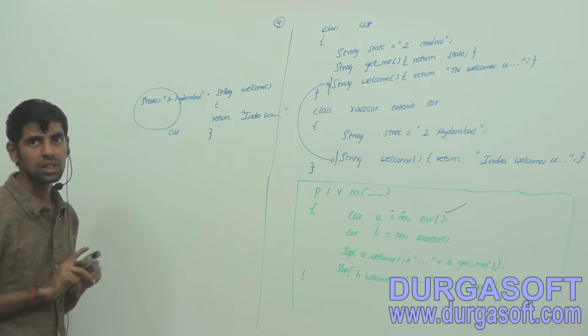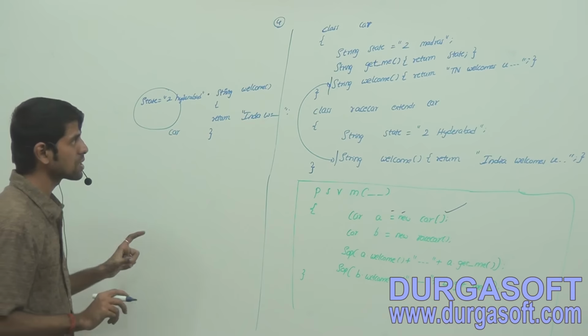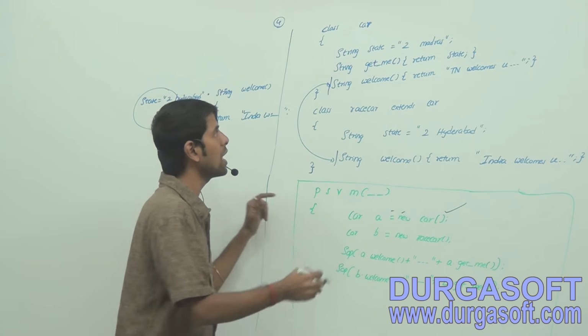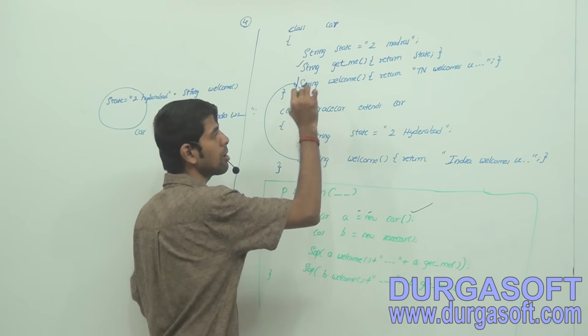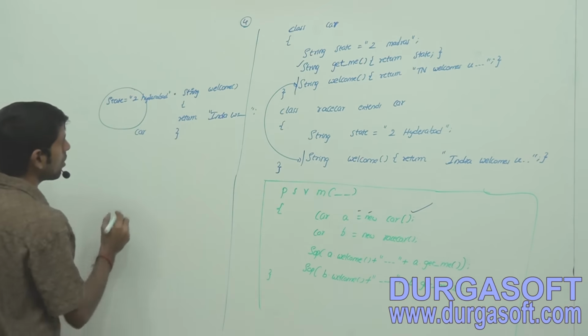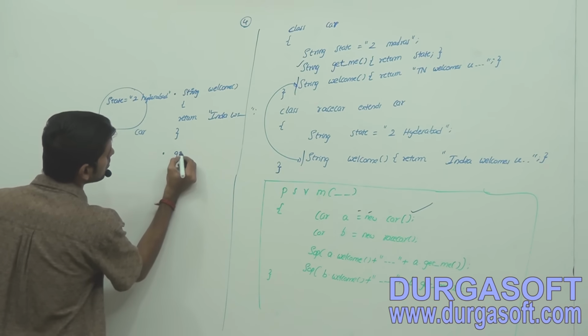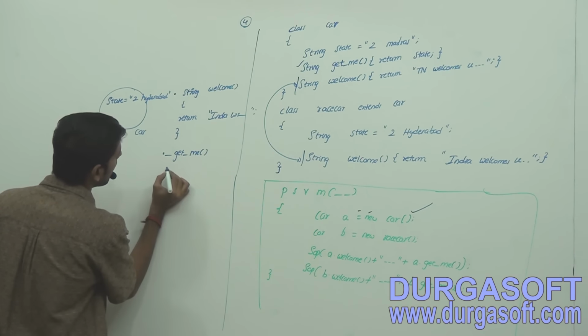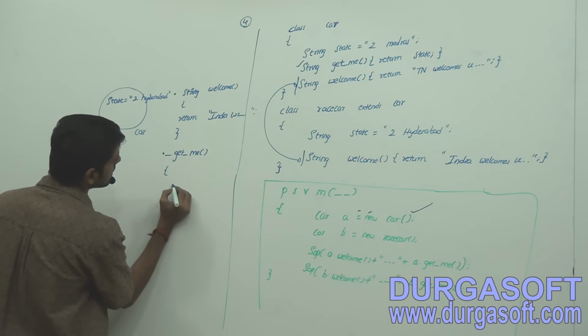Observe my terminology, very important. Is there any method like that here? Yes, one instance method which is called the getMe method. Observe. Now let me put that method. It has the return type String, getMe. Observe here. What is that?